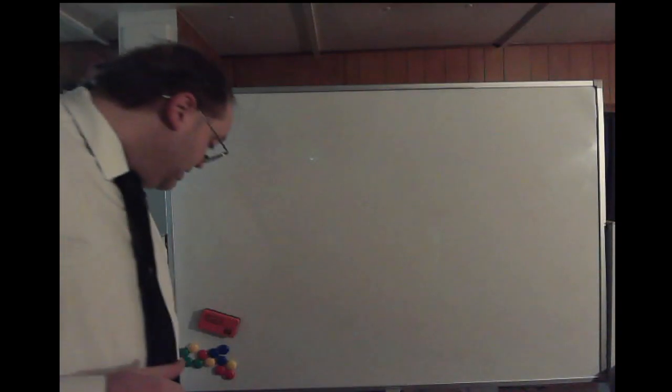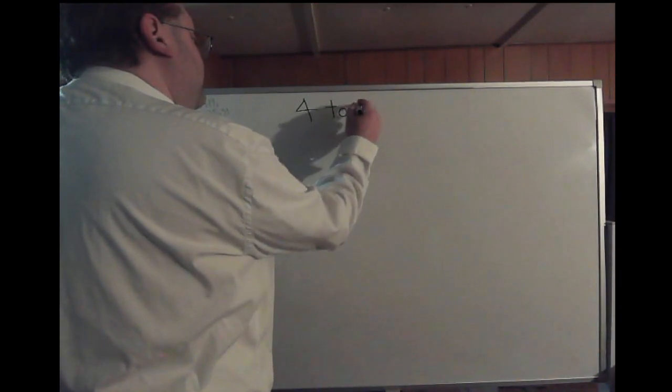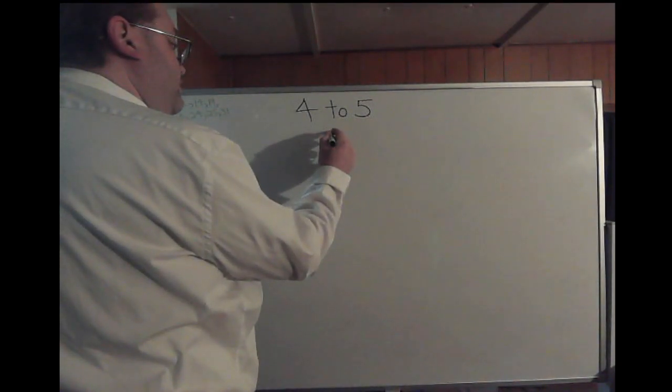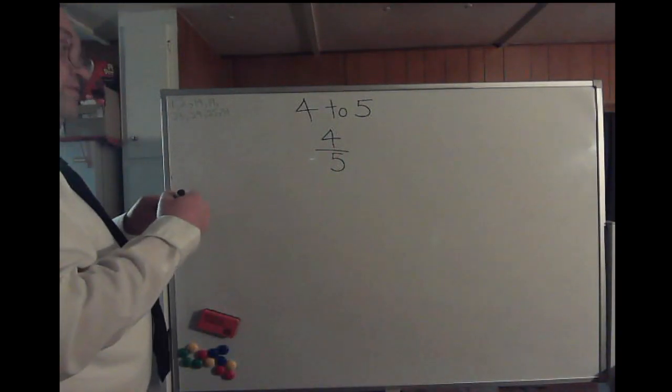So you may have heard about ratios. Let's say I have 4 to 5. Well, 4 to 5, the 4 would be your numerator, 5 would be your denominator. It's in the ratio 4 to 5.